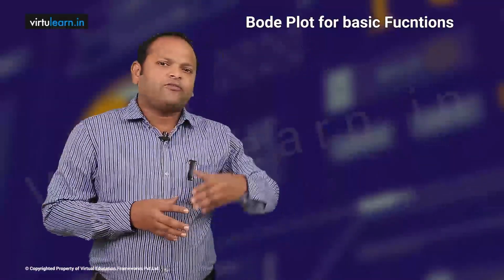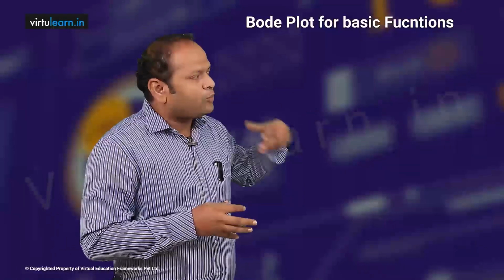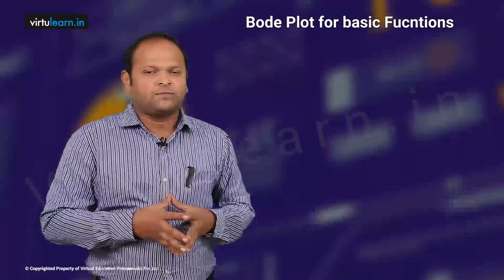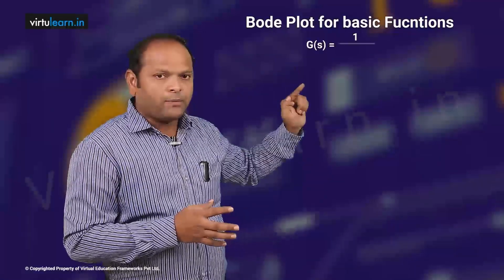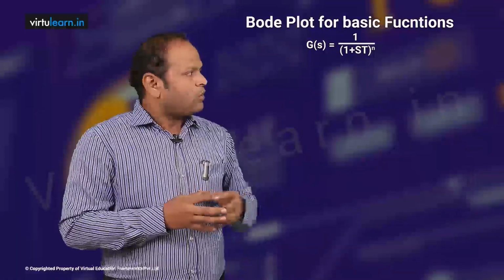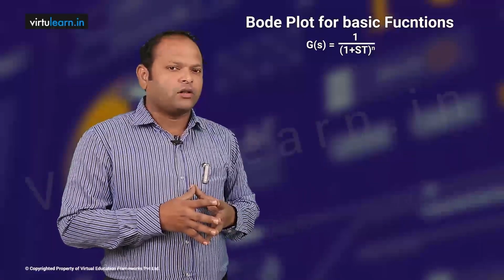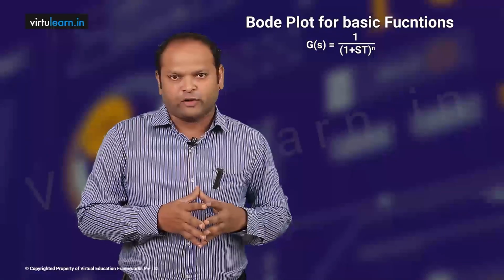Next we will take the finite poles and finite zeros. So finite, that is the first order terms, all are first order terms. The first one in this case is 1 by (1 plus sT) power n. Generally in Bode plot, the transfer function we take is in the time constant form.